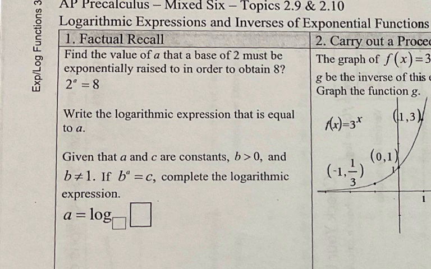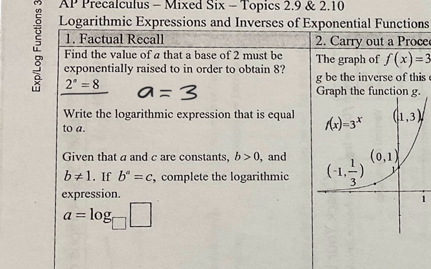Find the value of A that a base of 2 must be exponentially raised to in order to obtain an 8. So this says 2 raised to A equals 8. A has to be 3. So this statement then is 2 to the 3rd power equals 8.